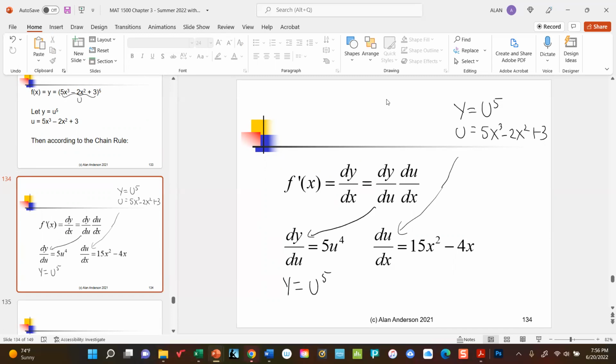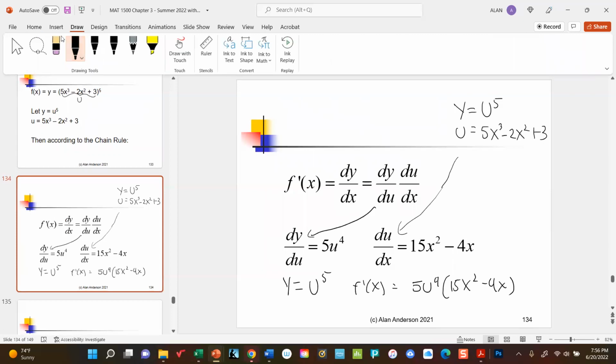So how does that help us? That tells me that my result is, so far, 5u to the fourth times (15x^2 - 4x). Now, at this point, in order to avoid having too many variables floating around, we're going to replace the u with the value that we assigned it in the first place.